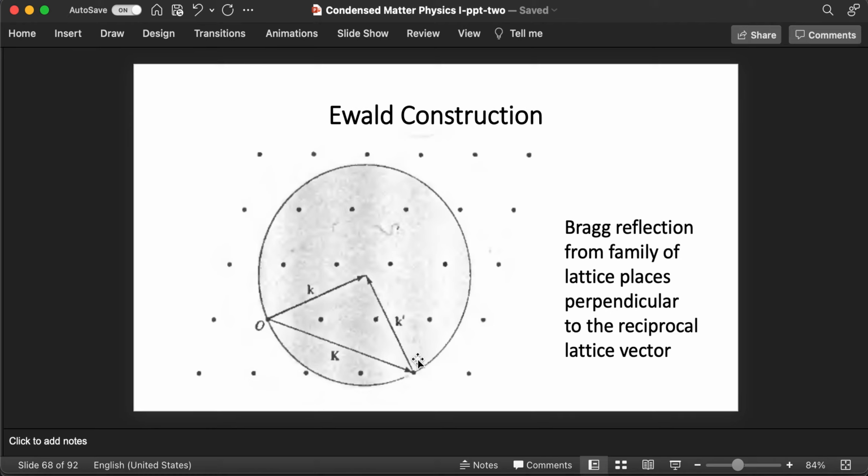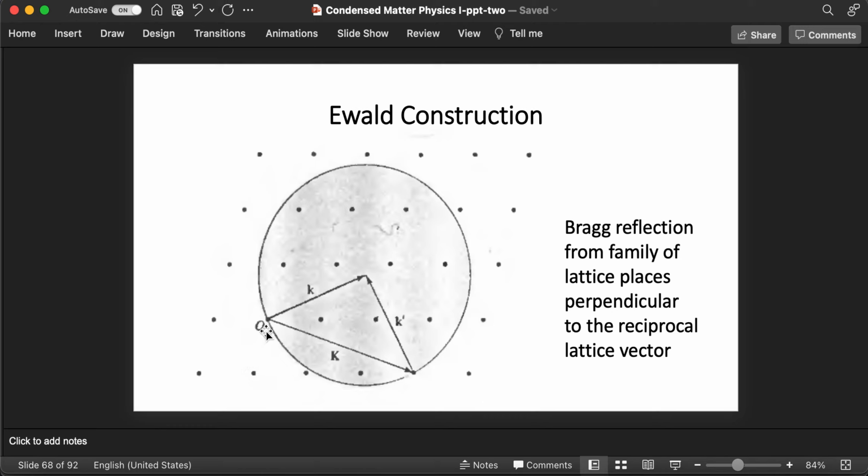And now I take the scattered wave vector k prime, and I join the tip at this point, and constructive interference will occur only if the base or the end of the k prime wave vector is also sitting at another reciprocal lattice point, such that the difference between this reciprocal lattice point and that reciprocal lattice point is our capital K vector. That's called the Ewald construction. So you have this sphere, and anywhere on this sphere, as long as this condition is satisfied, you will get constructive interference.